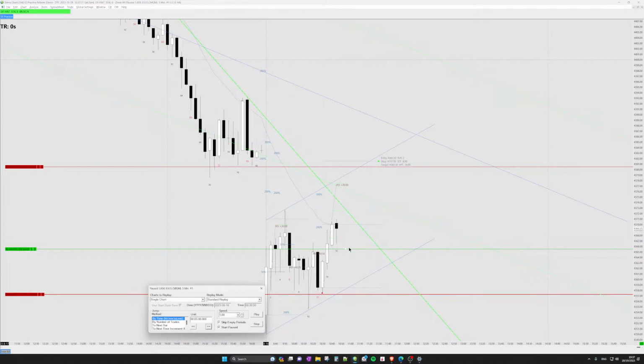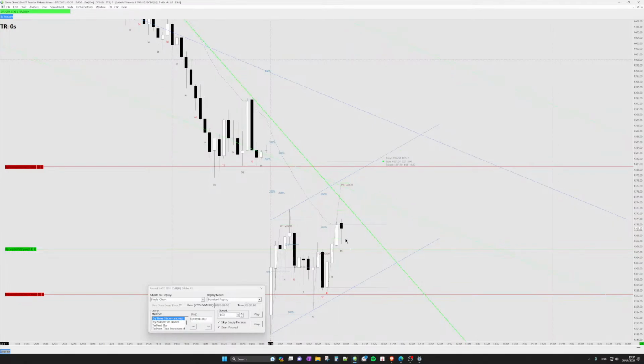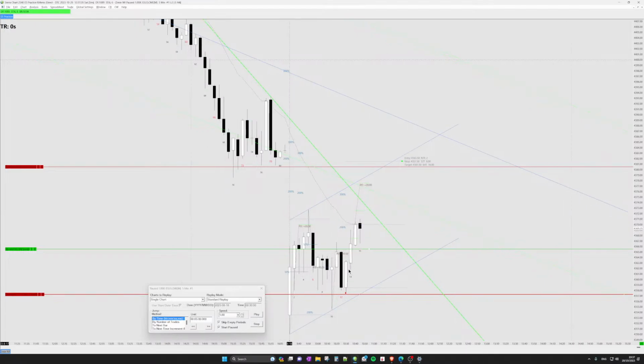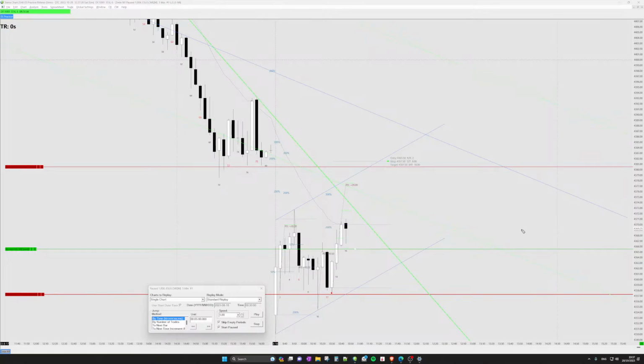Now a pullback and quite weak. I think this is something that Romain will try to do with that strong bull bar that closed on its high above the previous bar.